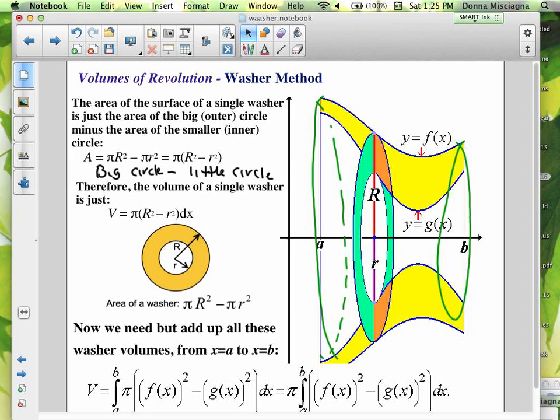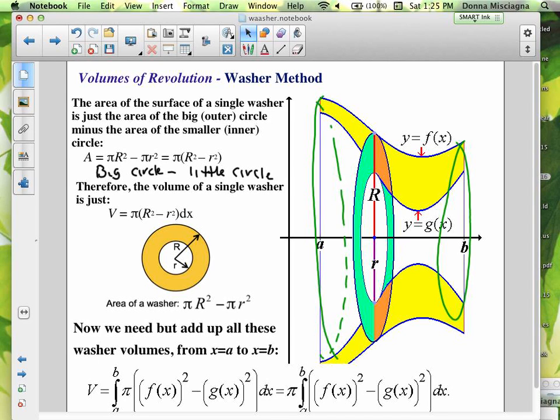If we integrate, we're adding all of them up from a to b, and we get the volume of all the washers. So this would be the single washer, and then integrating gives us all of the washers, and we get the volume of the solid. So the volume is the integral from a to b. We'll have the pi, which we can pull out in front, and radius squared.